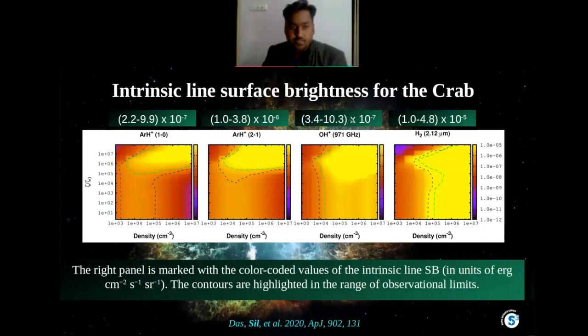Their surface brightness values are signified by this contour, and we find a density of roughly the order of 10 to the power 4 per cubic centimeter and a cosmic ray ionization rate of the order of 10 to the power minus 11 reproduce the observations with our model.